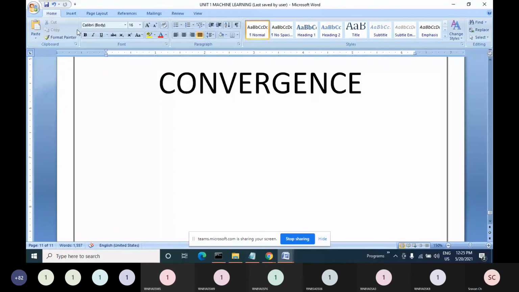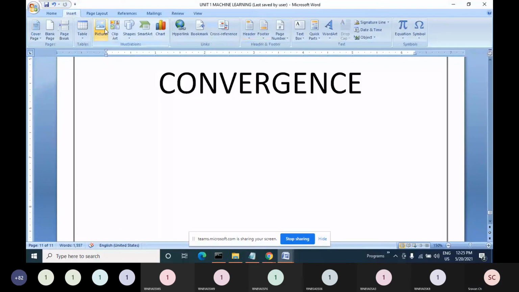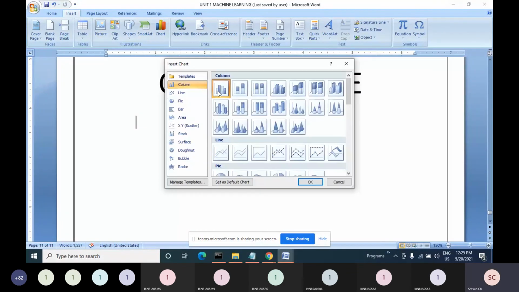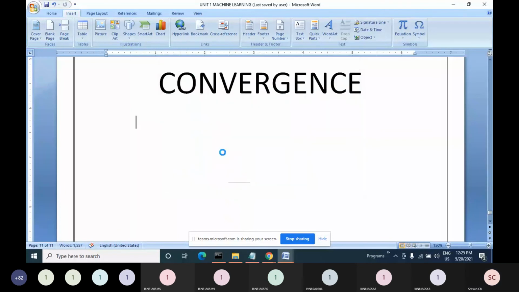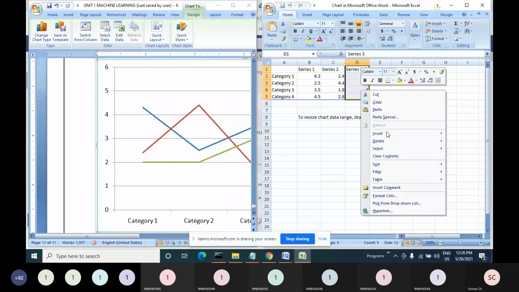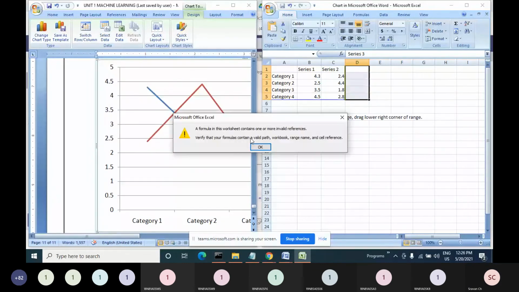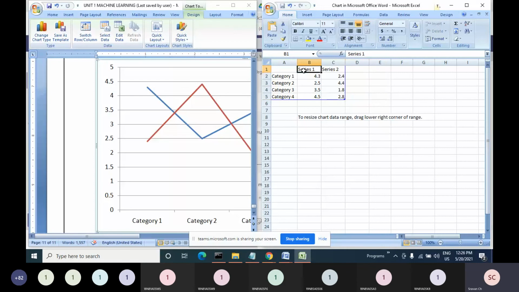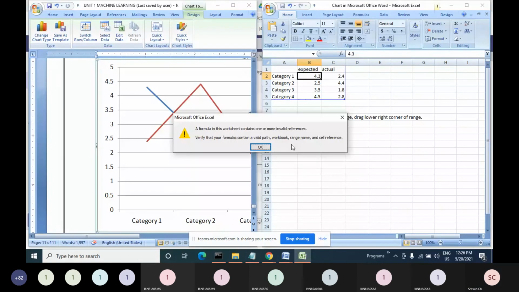Insert chart. I'll show you a line graph. Just observe this.